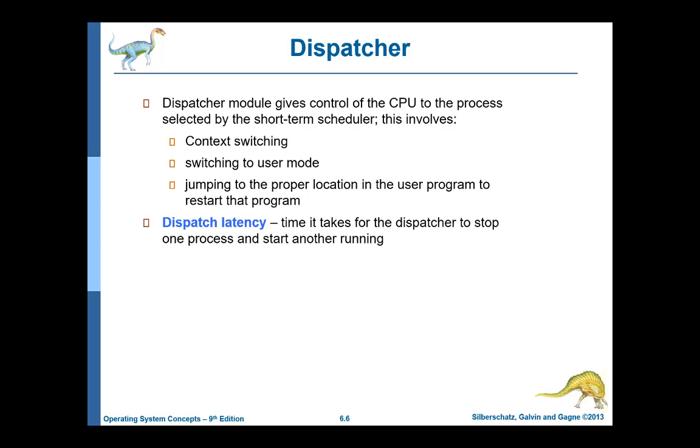How does it select? It will use some algorithm which we are going to study next, but the job of this short-term scheduler is only to select a process. How this process goes from the ready queue to the running state in the CPU, this is the job of the dispatcher.